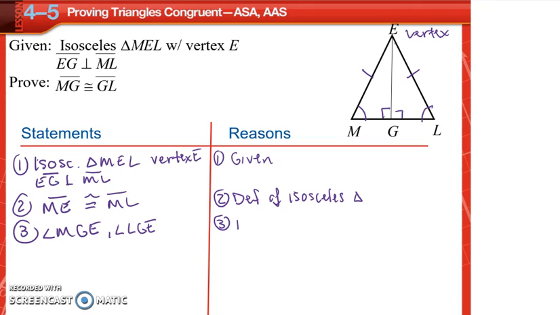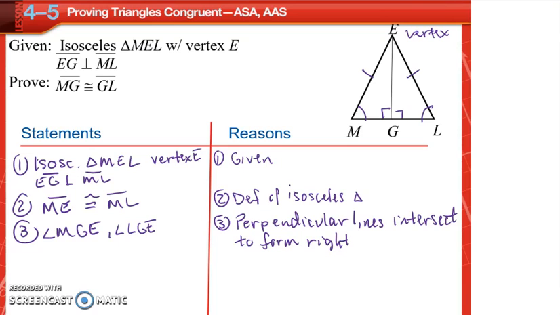That's because of perpendicular lines. Oh, I should write that for you, sorry. Perpendicular lines intersect to form right angles.